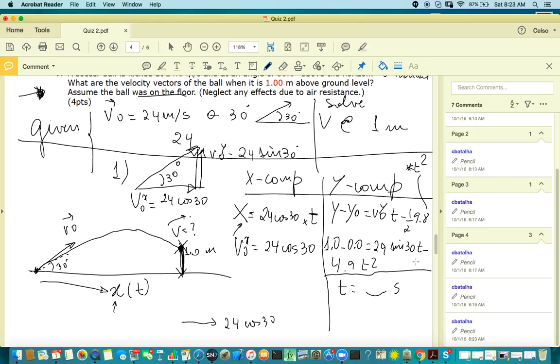I don't know if you have 1 or 2 times. You might have 2 times. If we have 2 times, we have 2 velocities.